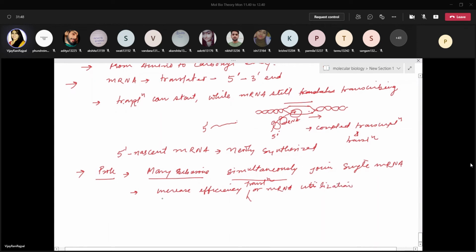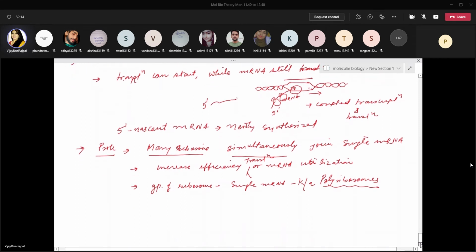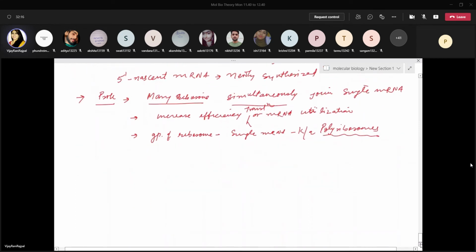Understand? So the group of ribosomes that associate with a single mRNA is known as polyribosomes. So the group of ribosomes that are associated with a single mRNA molecule are known as polyribosomes.